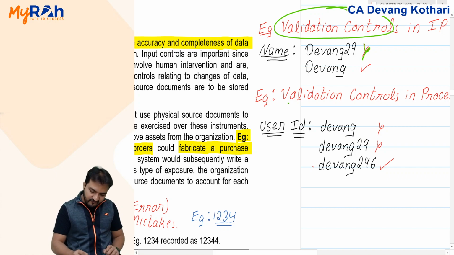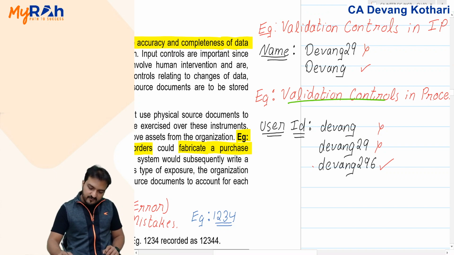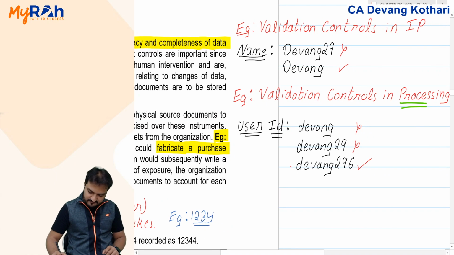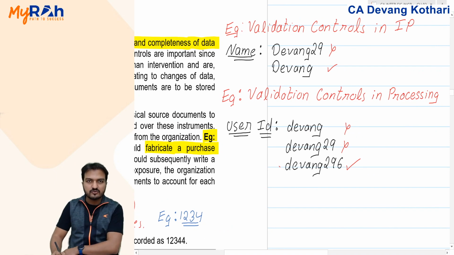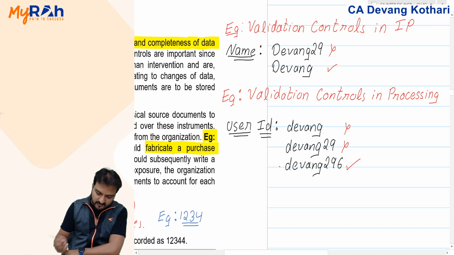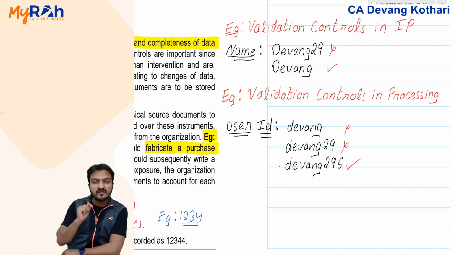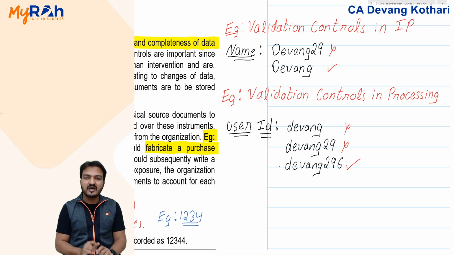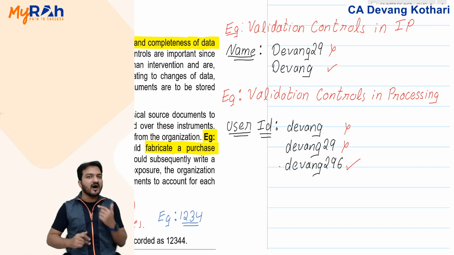But the same validation control you will further also see in processing controls. Under processing controls, when you have validation control, it will also be rejecting your invalid data, but the rejection does not happen at the time of input. Rejection happens due to processing, after processing.